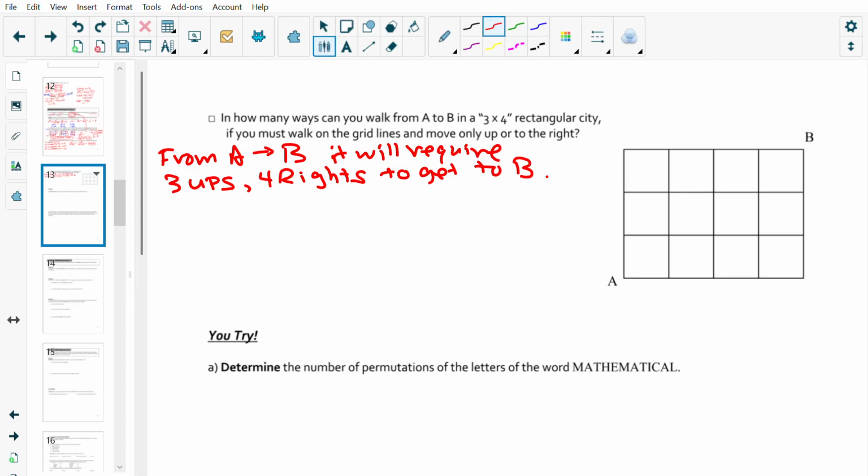So this is one of the paths you can do: up, up, up, right, right, right, right, to get from A to B. Let's think of this as a permutations with repeats problem.